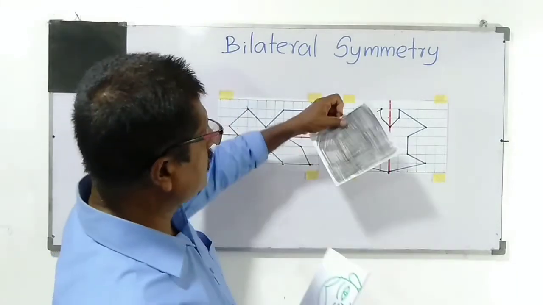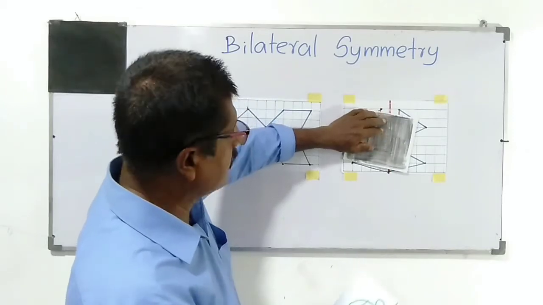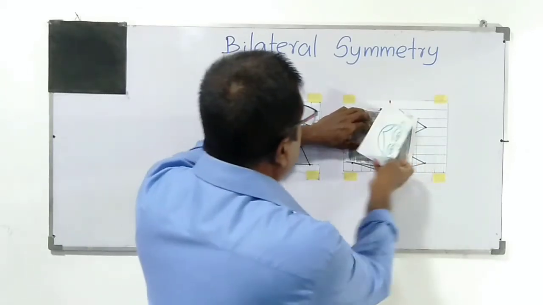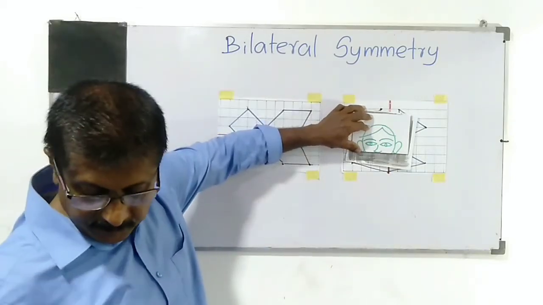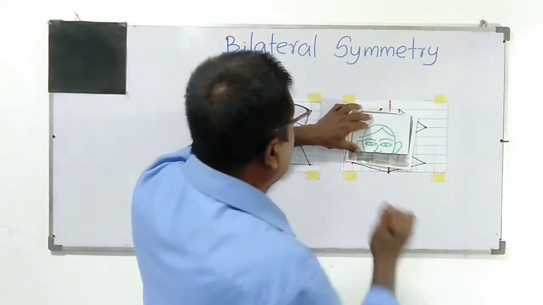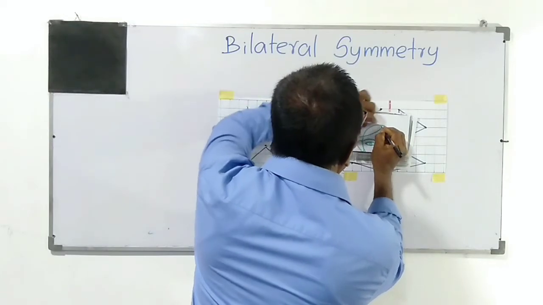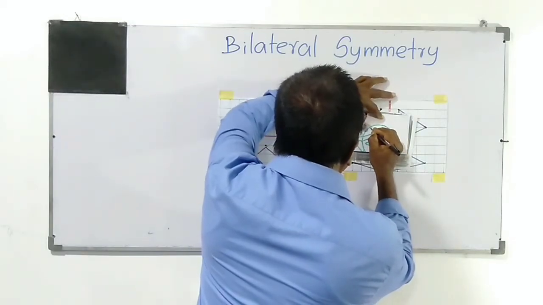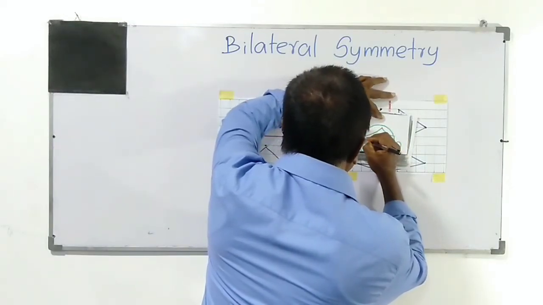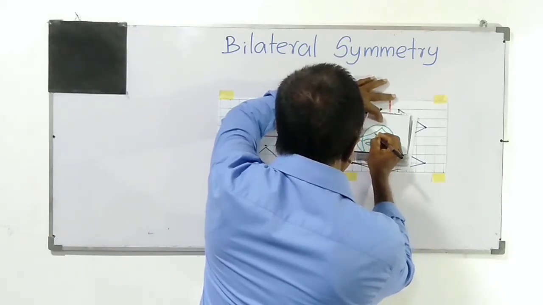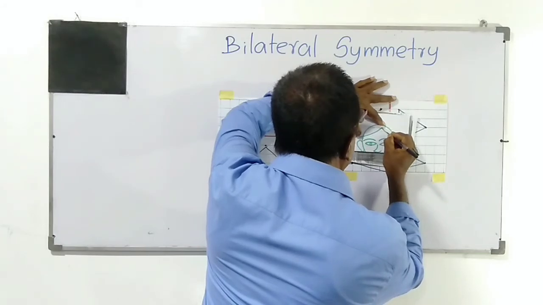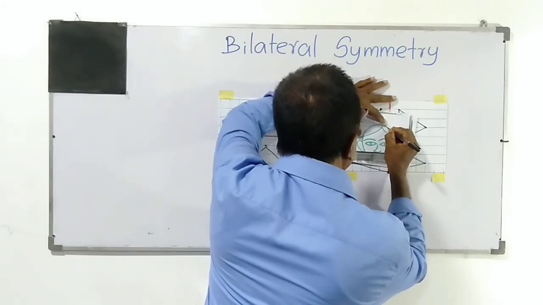Now I place this like this, and on this one, I place this figure. And then I take a pen and firmly draw the figure, drive the pen along these lines firmly.